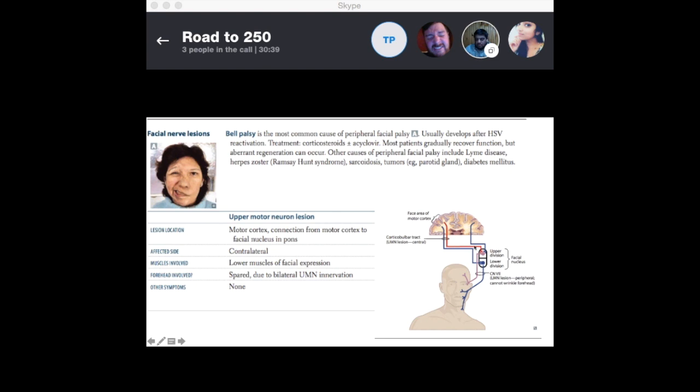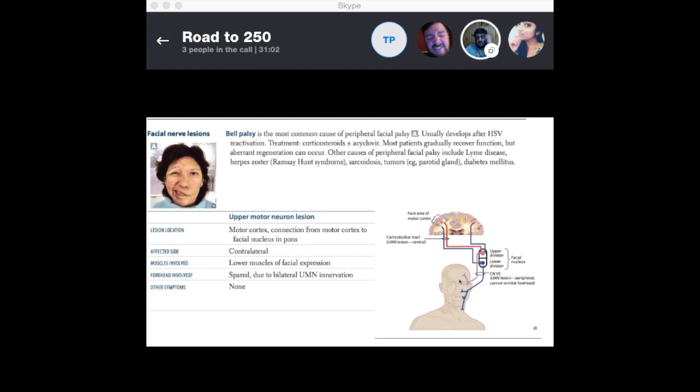So if it's strictly an upper motor neuron lesion, it will not affect the forehead because it's innervated from both sides. However, if it's a lower motor neuron lesion, it's going to be the same side, and if it's an upper motor neuron lesion, it's going to be contralateral, so the opposite side.